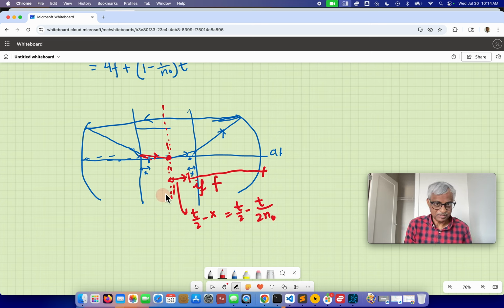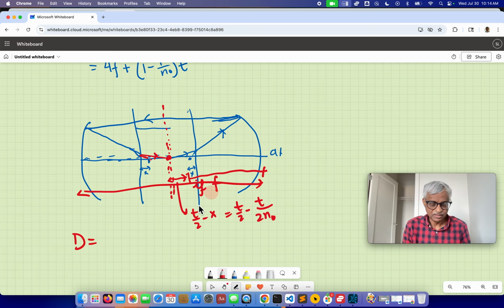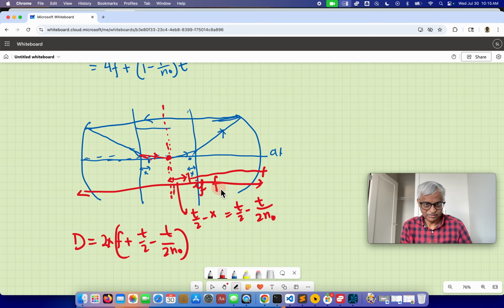So now we have the whole distance d should be 2 times this, right?